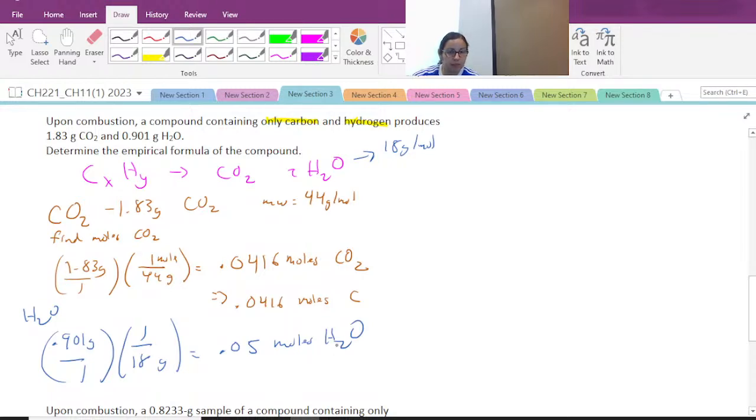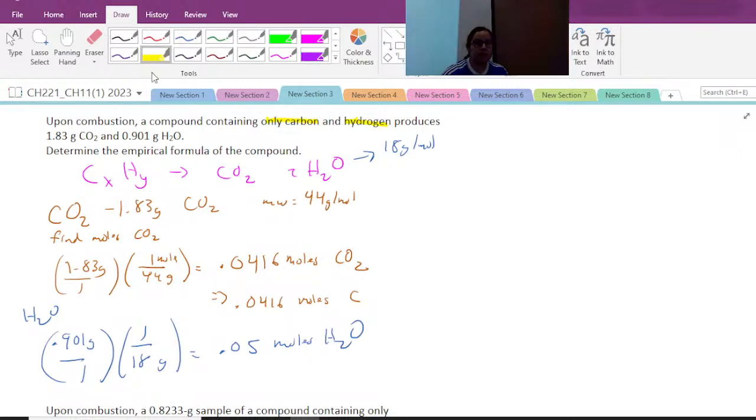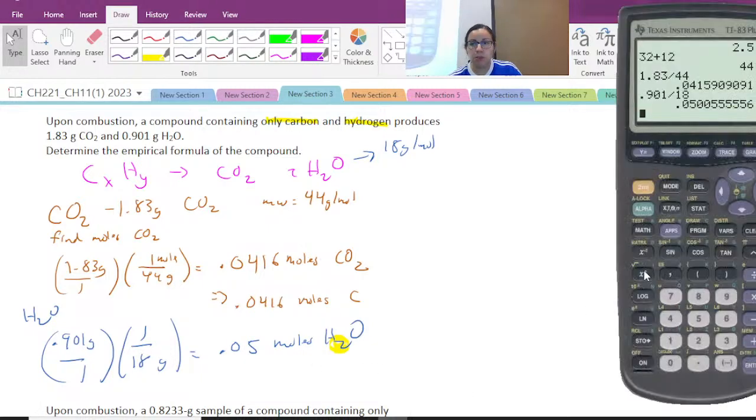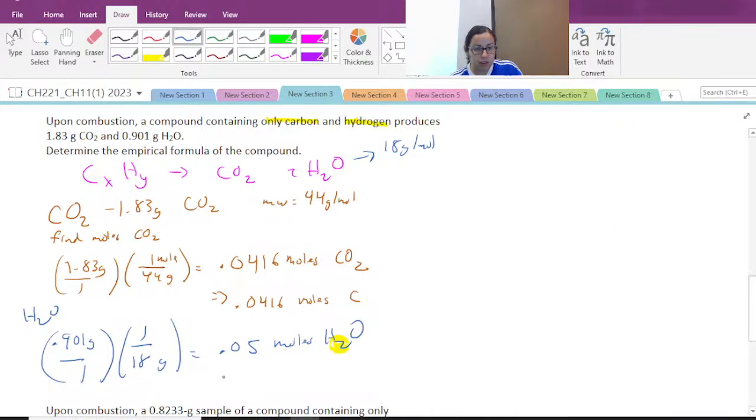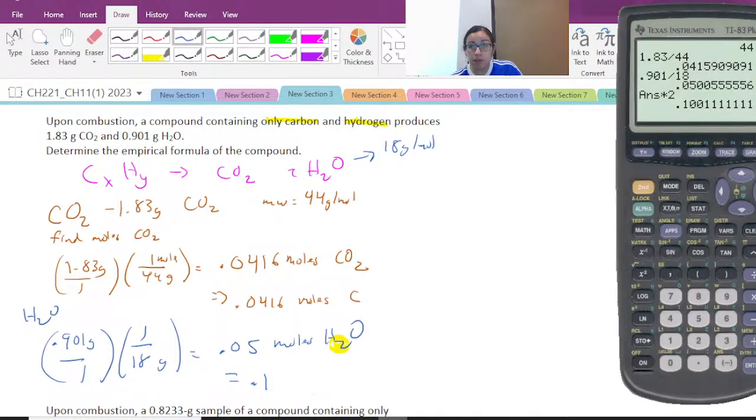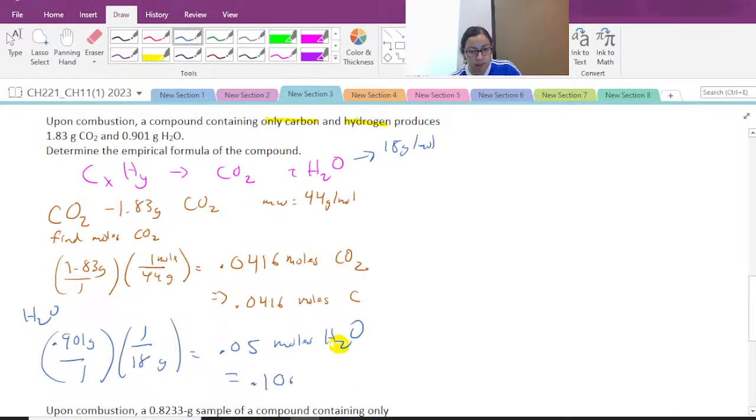It's double because there's 2 hydrogen. Excellent. So it's double. So does everybody see that? So in this case, we have to multiply times 2 to give us moles of hydrogen. Now 0.1001, that's moles of hydrogen.